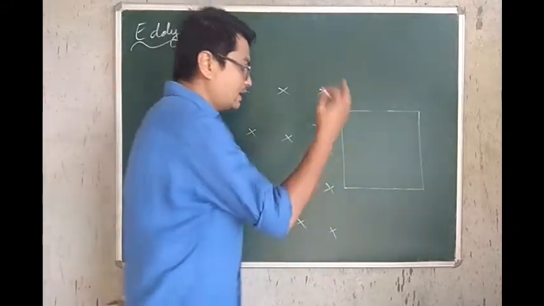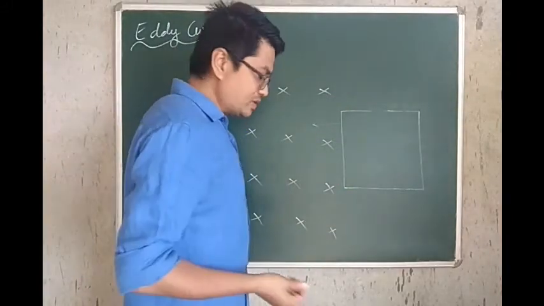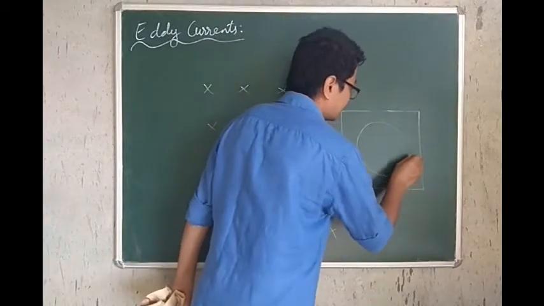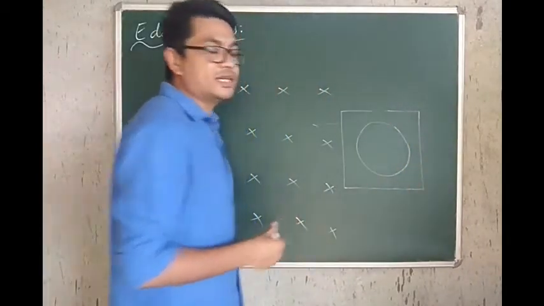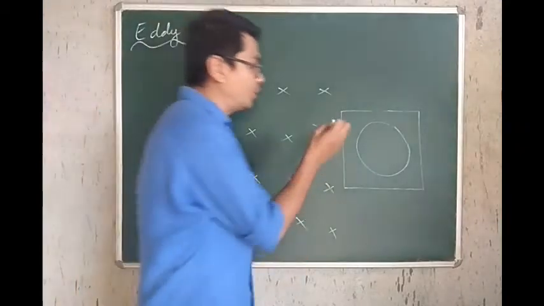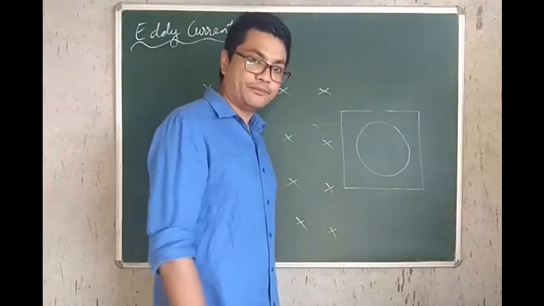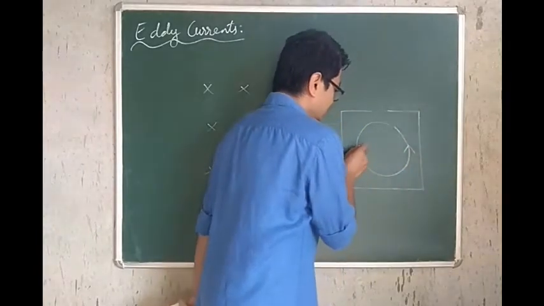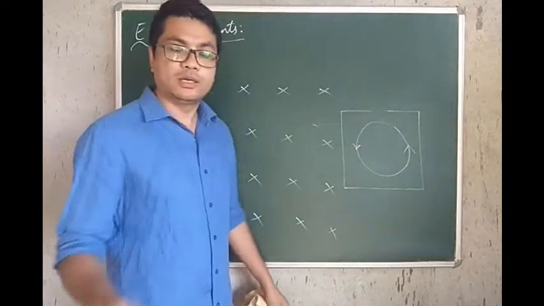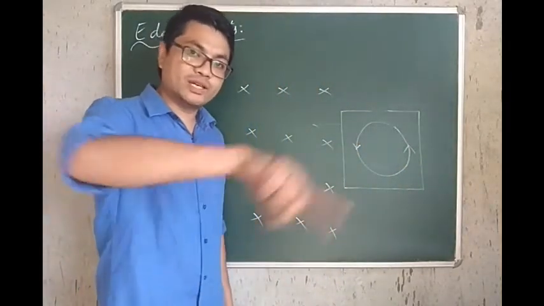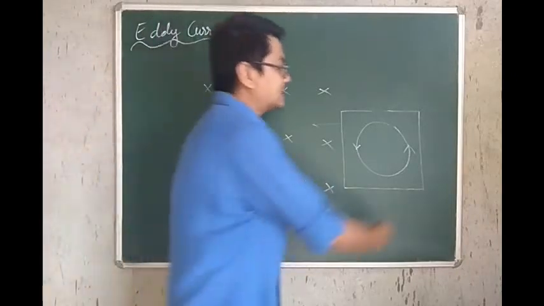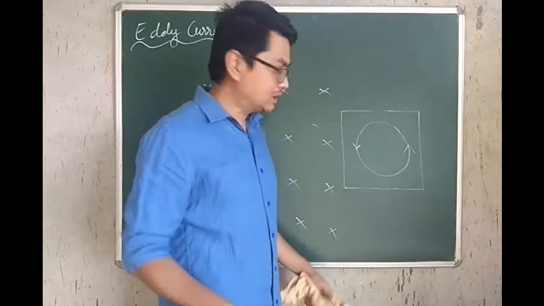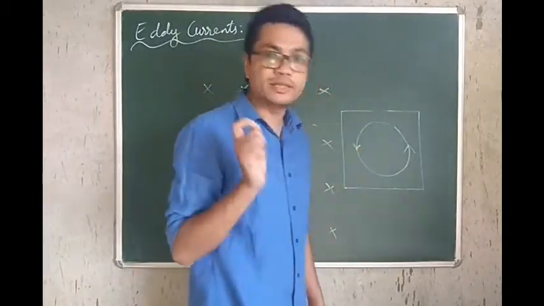Now, in this metallic conductor, the difference is there will be circular currents like this that are induced throughout the volume of this metallic plate. Since it's a circular current like this, which forms like a whirlpool in water, so, since this is a whirlpool or eddy that is formed in water, therefore the name eddy currents.